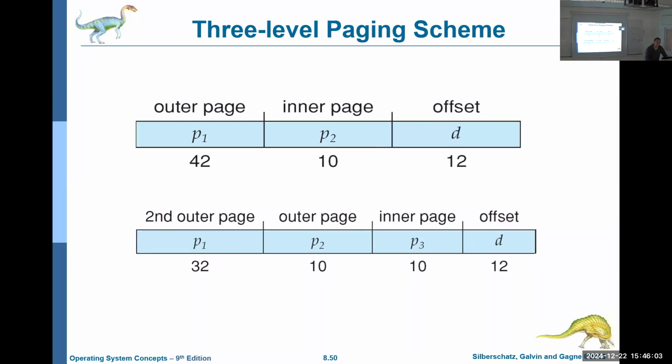How long is a row? 64 bits, so that's 8 bytes, or 2 to the 3. So if the page is 2 to the 12th and the row is 2 to the 3, that means 12 minus 3 is 9.